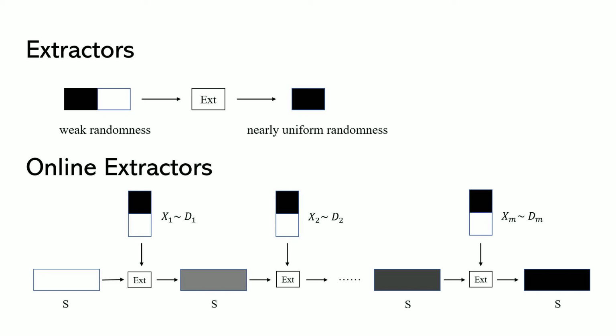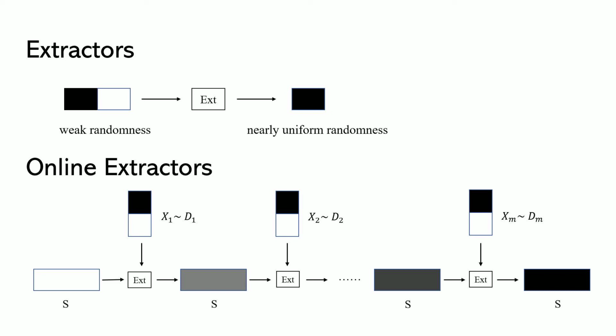Online extractors capture the idea of gradually accumulating entropy from weak random sources. If the state is statistically close to uniform distribution after receiving finite samples, then this algorithm is a randomness extractor. If not, then this algorithm is a randomness condenser.